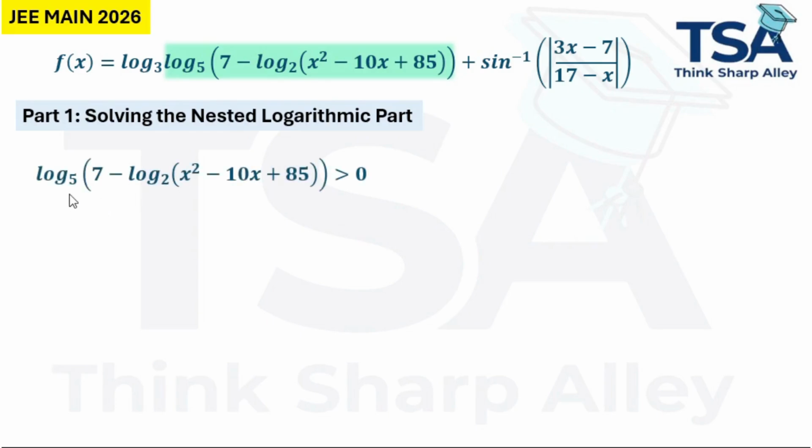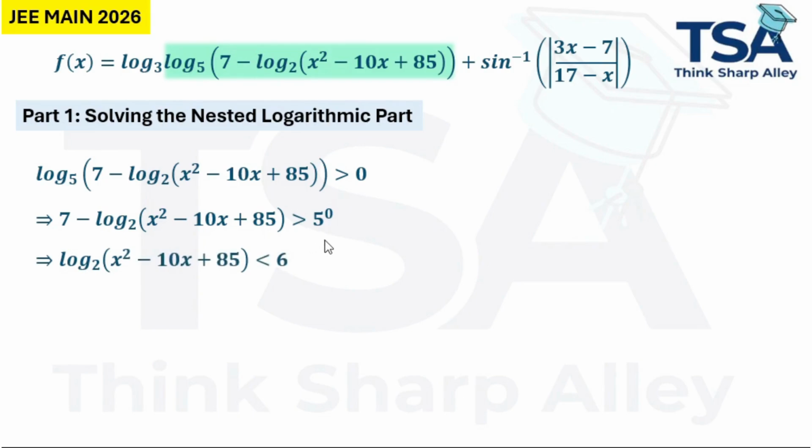Since the base of this log is 5, which is greater than 1, we remove the log without reversing the inequality over here. So we get 5 to the power 0 on RHS. Now 5 to the power 0 is 1. And 1 minus 7 is minus 6. And when I cancel minus sign from both sides, the inequality sign changes. So we get log, that is LHS part, less than 6 now.